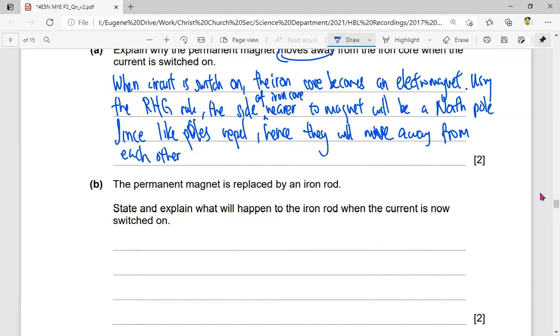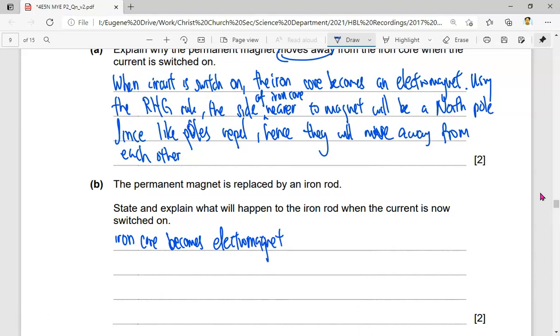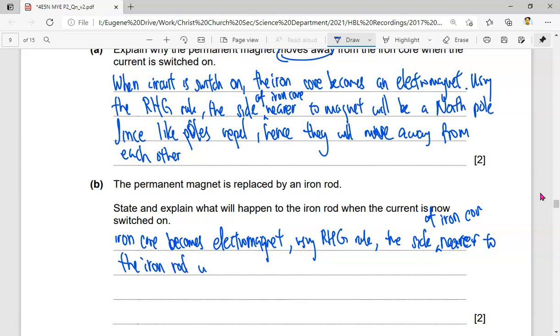The iron core becomes an electromagnet, and using the right hand grip rule, the side of the iron core nearer to the iron rod will be a north pole.